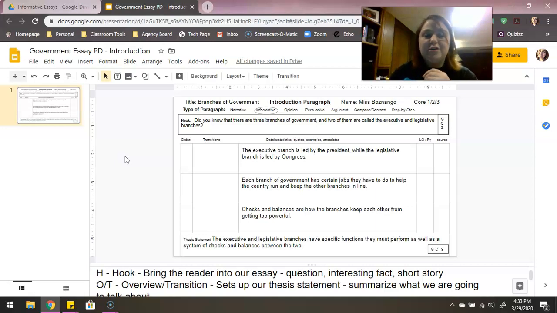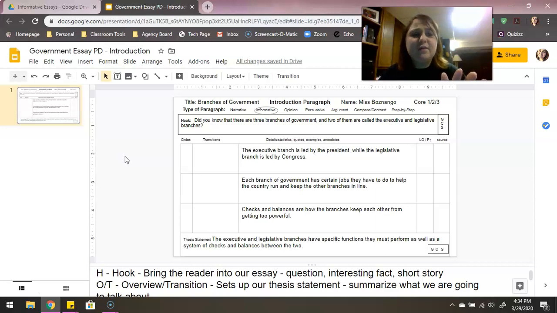Each branch has certain jobs they have to do to help the country run and keep the other branches in line. Checks and balances are how the branches keep each other from getting too powerful. The executive and legislative branches have certain functions they must perform, as well as a system of checks and balances between the 2. It's not too bad. I'm pretty proud of that.